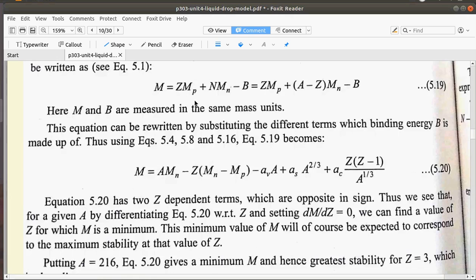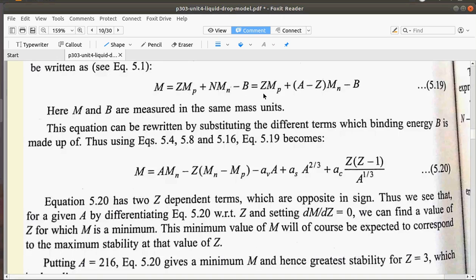Here also N is the number of neutrons. N can be replaced by A minus Z, that is, number of nucleons minus number of protons, so you will get the number of neutrons. That is why the formula is of this form.